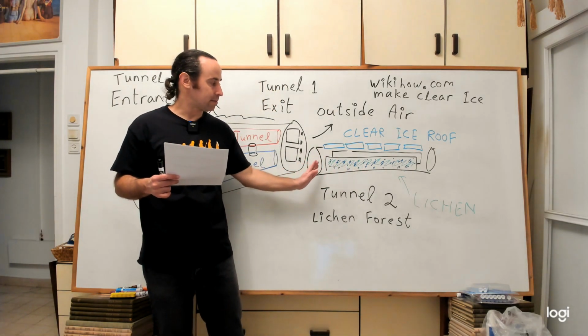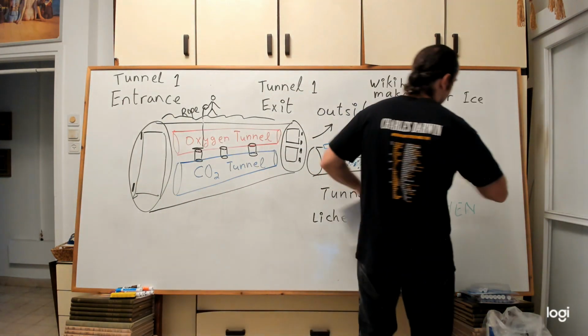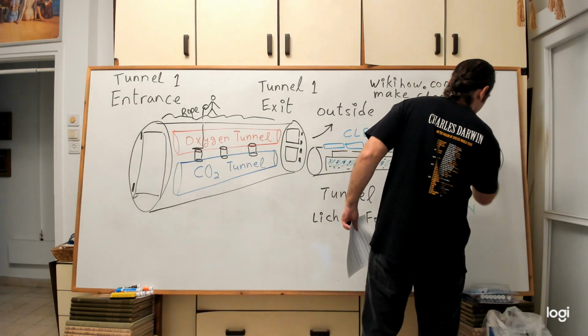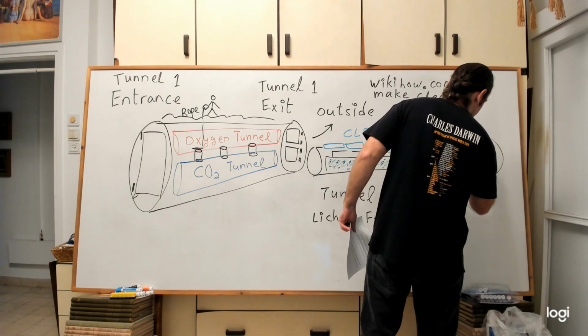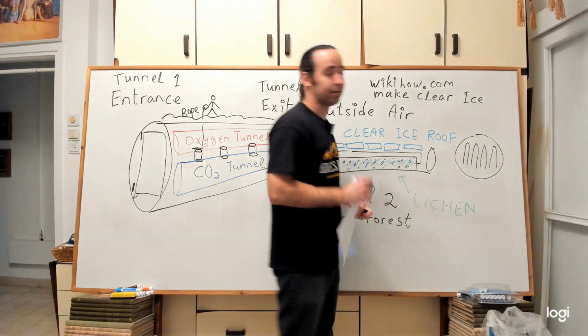So in the lichen tunnel, we have like a radiator. Okay, if we look from the side on these parallel walls, this is like the tunnel, and this is like the walls. So this is like a radiator from the side.